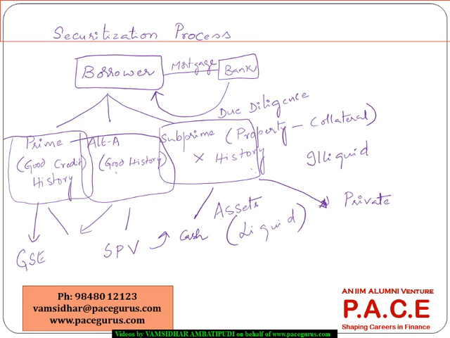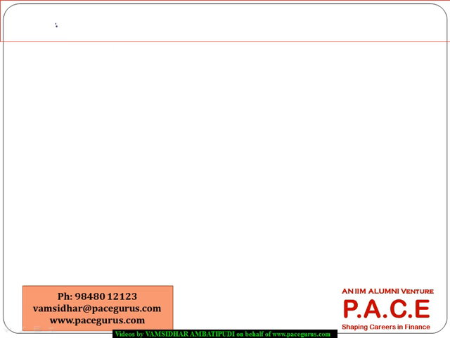So the next thing I am going to look at here is the frictions that could be present in the subprime mortgage securitization process. Now, when I look at frictions, they occur because of two major problems.